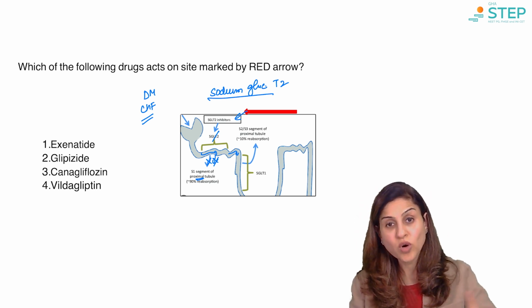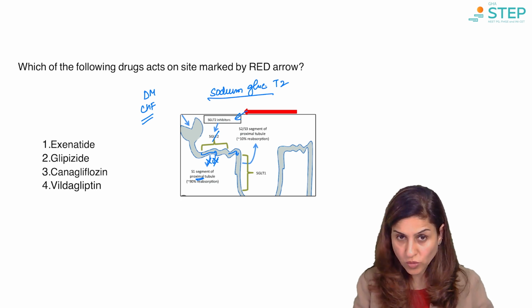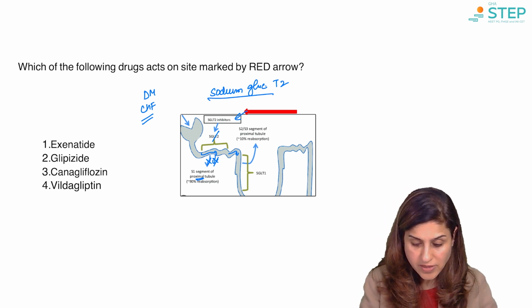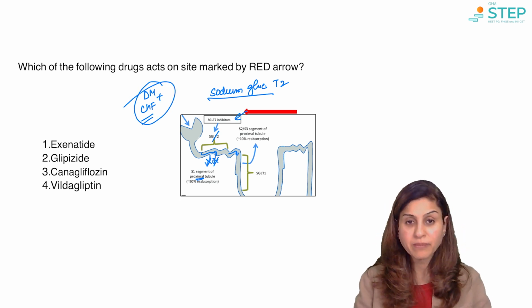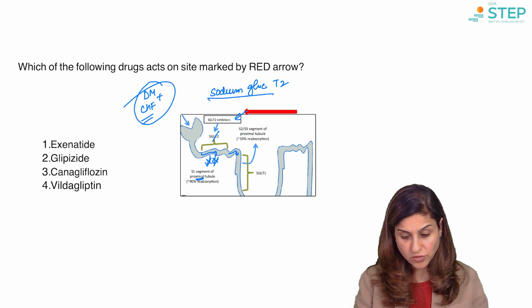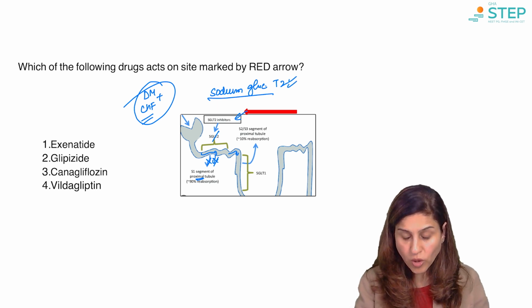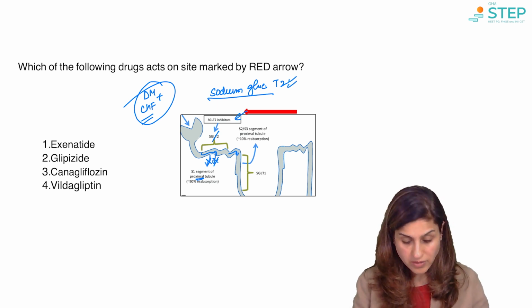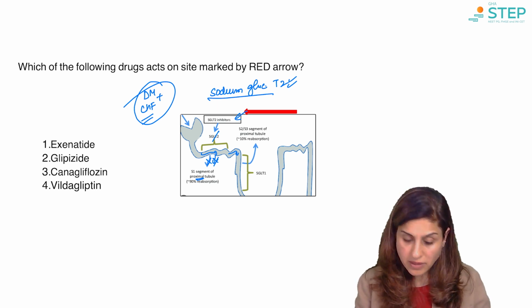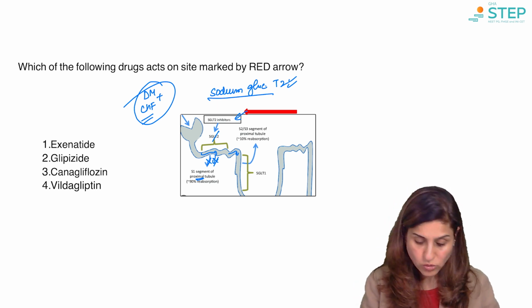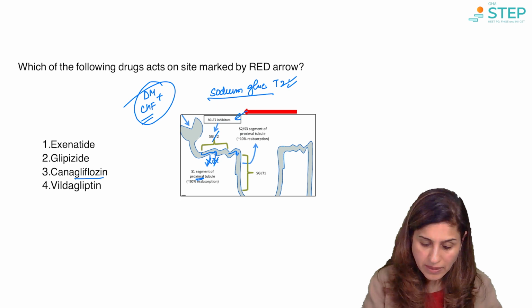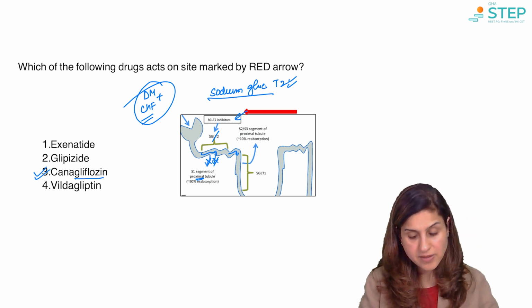So there's no water retention in these patients because the sodium is not there. So it is a very good drug for diabetes, especially if there is a heart failure. These are very, very important and very frequently asked drugs these days. The SGLT2 inhibitors usually are gliflozins, so they end with the word gliflozin. So this is your correct answer.